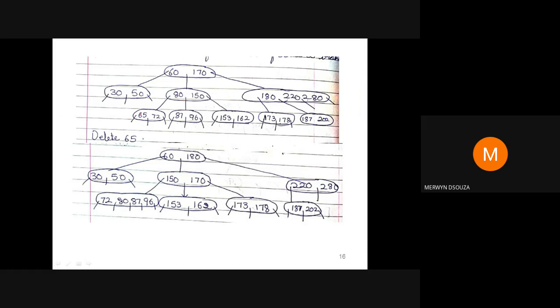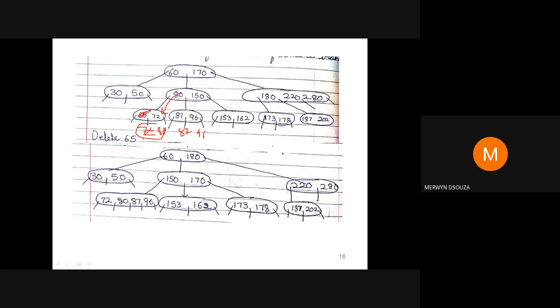So if I delete this 65, then I can take this 80 down here. When I take this 80 here, I will get the node like this, 72 and 80, and I will get 87 and 96.